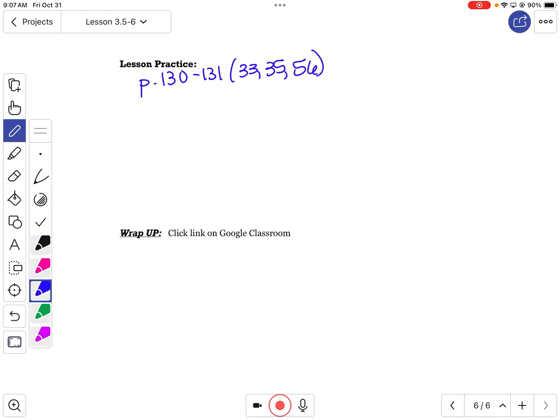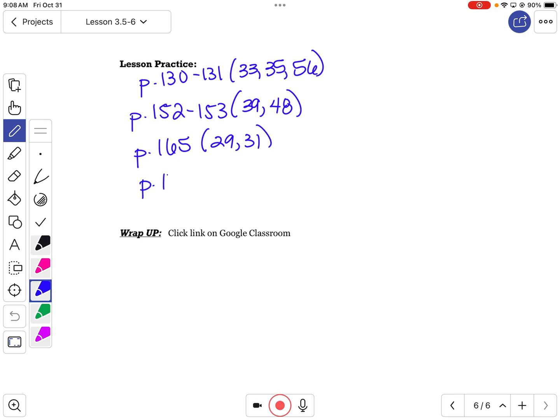On page 152 to 153, we've got 39 and 48. On page 165, we've got 29 and 31. And then on page 176, 27 and 29.